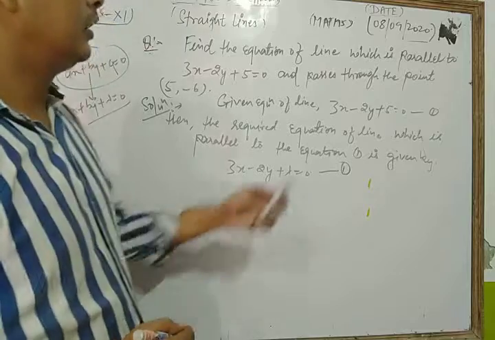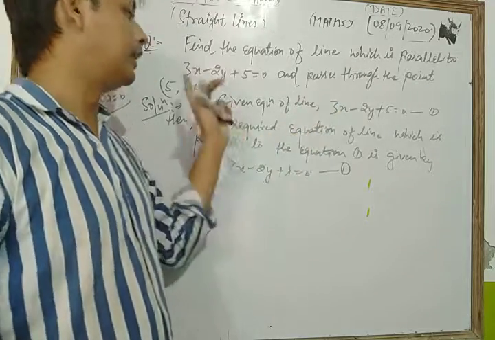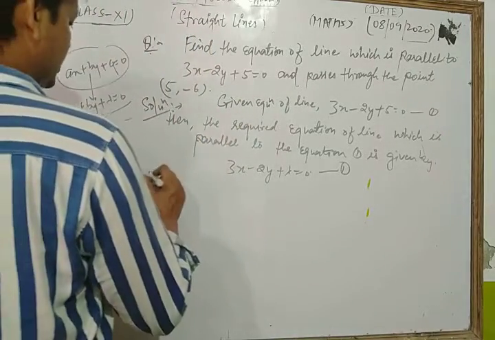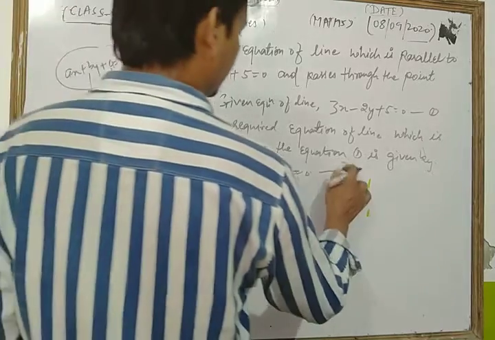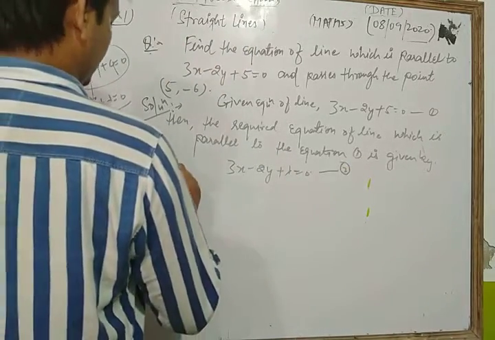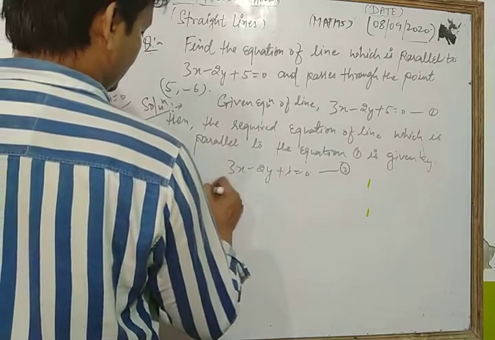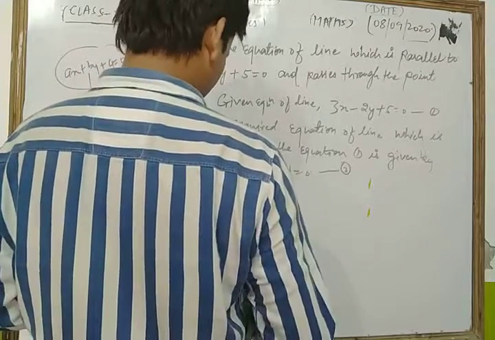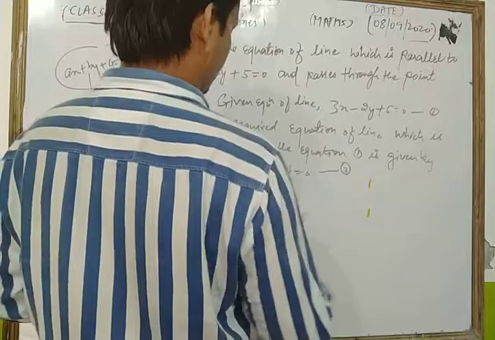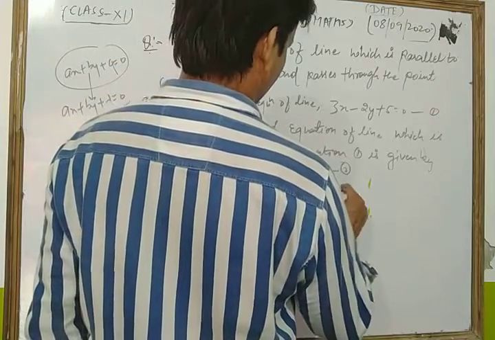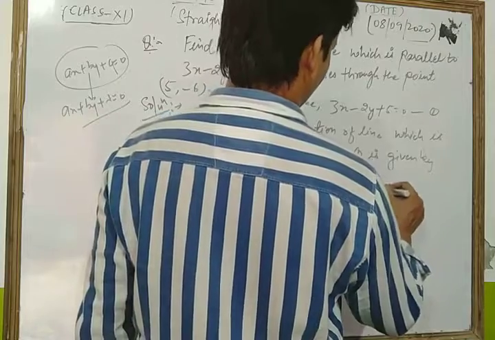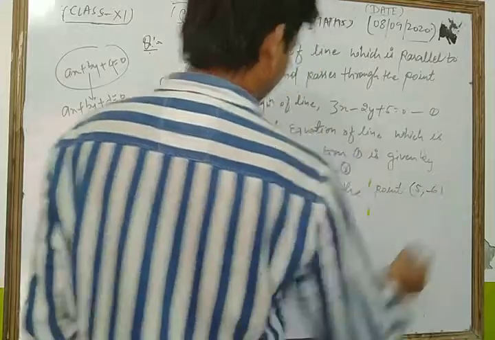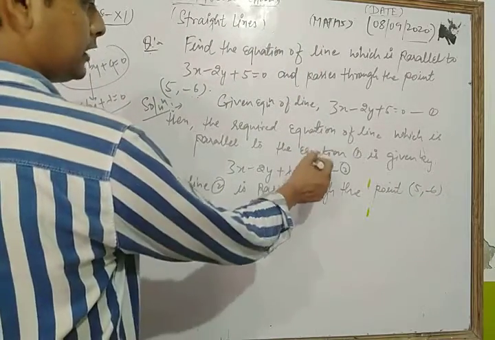Now, dear student, since the required line passes through the point 5, minus 6, it must satisfy equation 2.